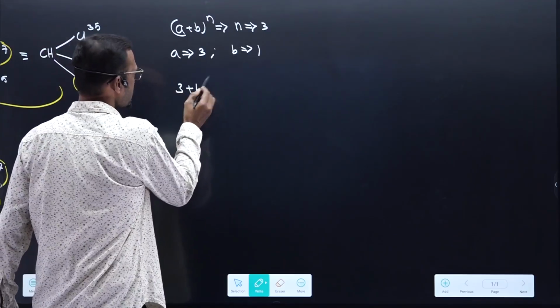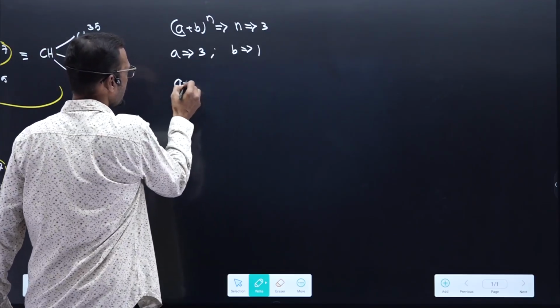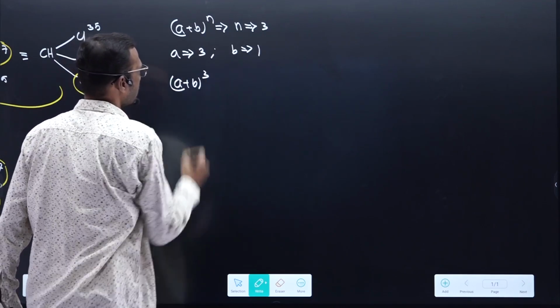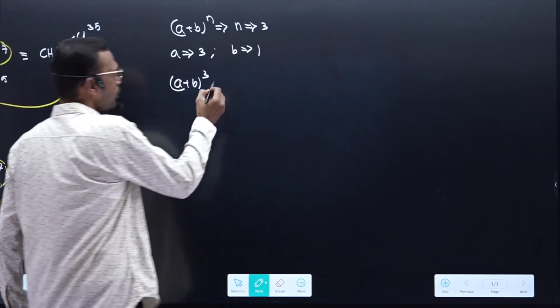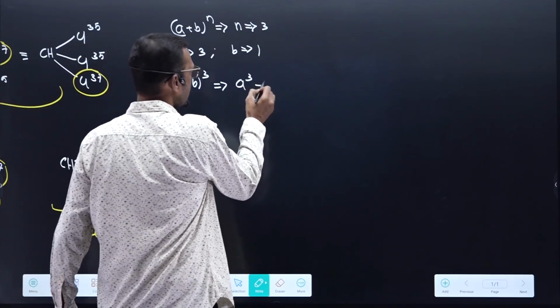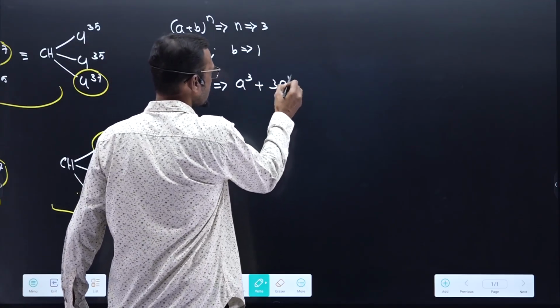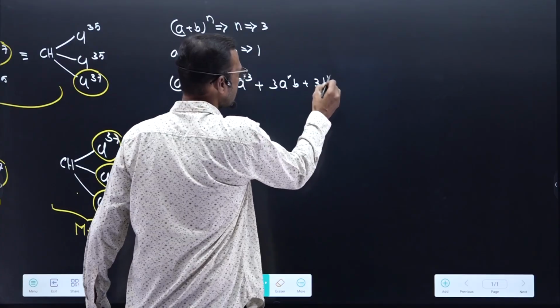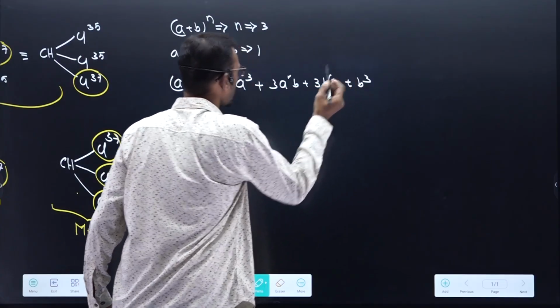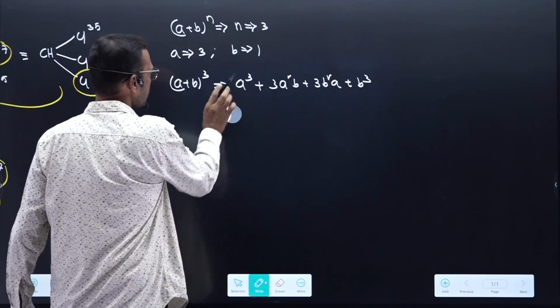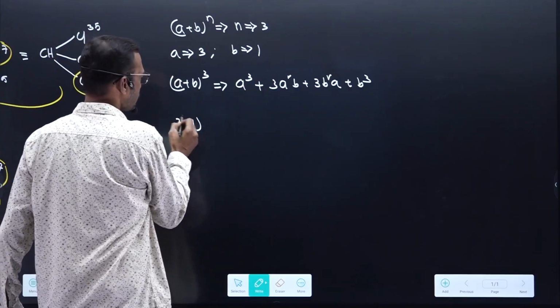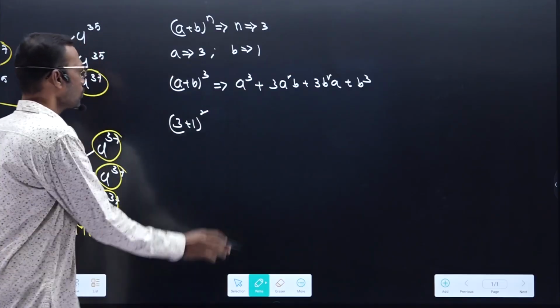So I can write A plus B to the power 3, or A plus B whole cube formula. We can write it like this: A cube, 3A square B, 3B square A, and this is B cube. Based on that, this is 3 plus 1 whole cube.